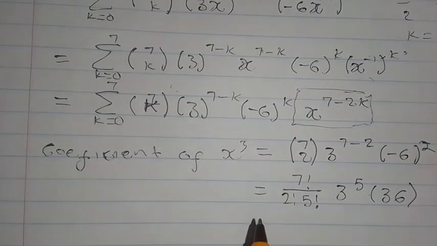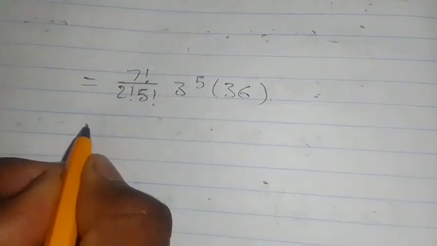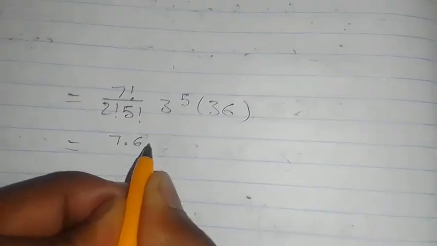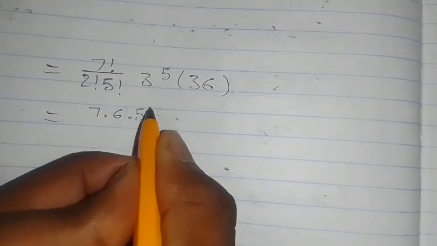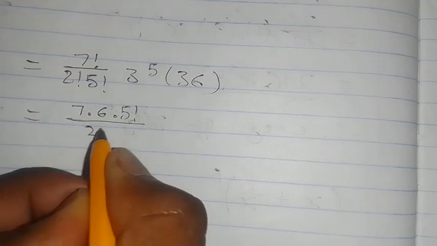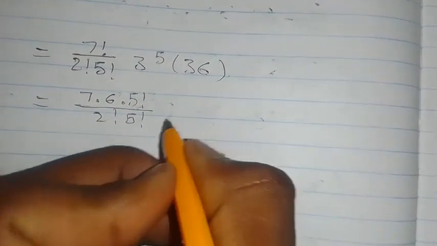Okay, and then let's see if we can further simplify that. 7 factorial is the same as 7 times 6 times 5 factorial. Divide that by 2 factorial, 5 factorial. Then we have 3 to the 5, 36.